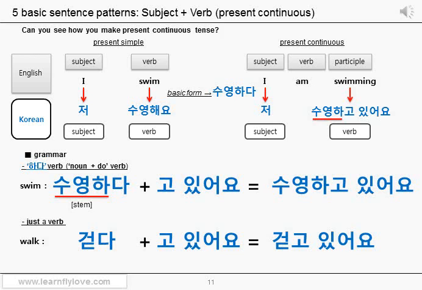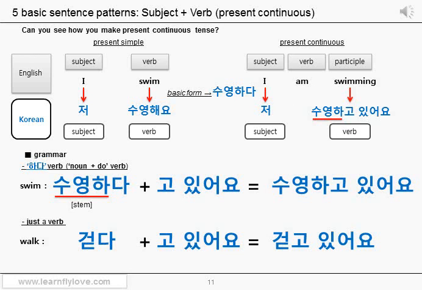It's a noun form of the verb swim. The actual stem of this verb is 수영하. We need to add the ending 고 있어요 to make it present continuous. So 수영하고 있어요.